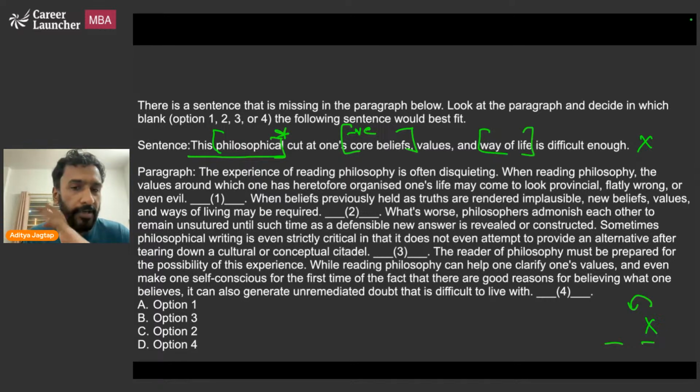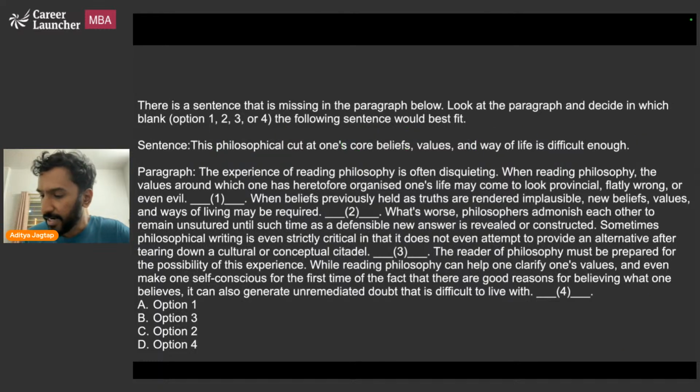The reason why I'm calling it negatively impacts is I'm trying to be as generic as possible. I don't really want to use my description, but just a vague understanding of what that sentence tells us could be prior to it. There is something philosophical that affects our core beliefs in a negative way. It makes it difficult for us to understand or accept our core beliefs and way of life.